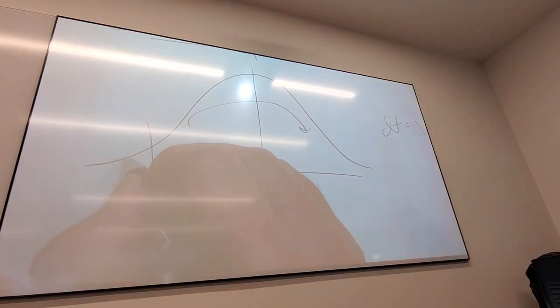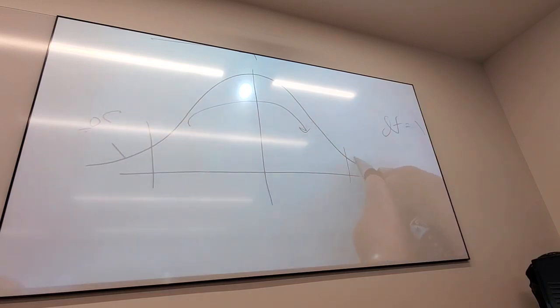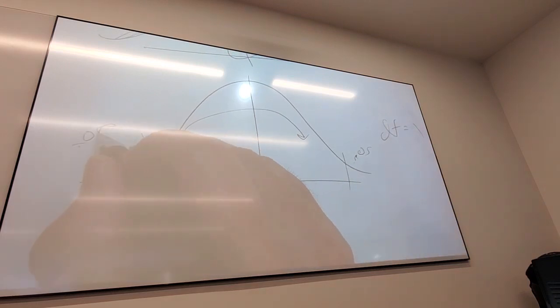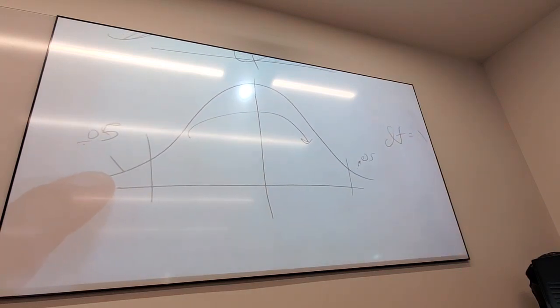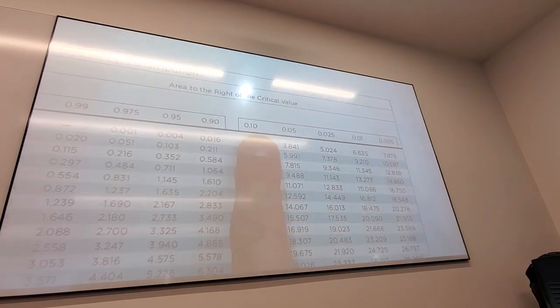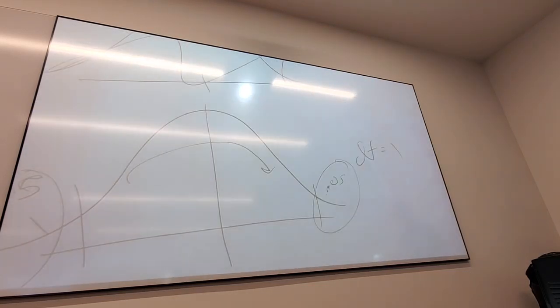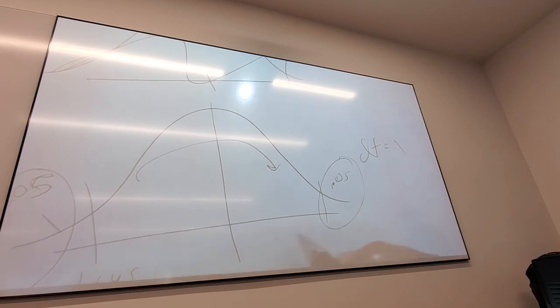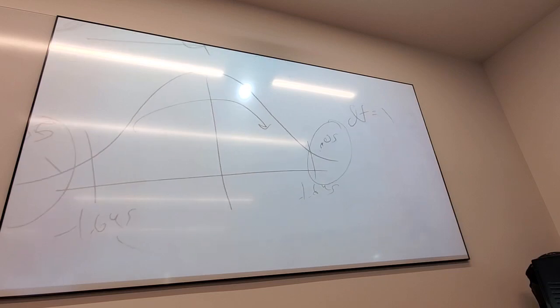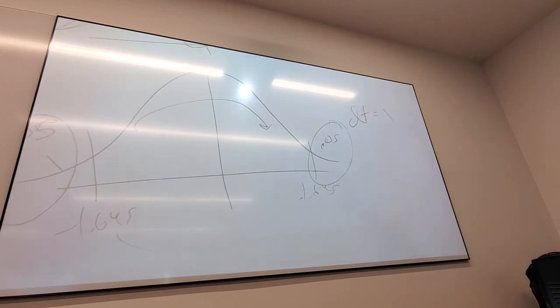If this is 5% and this is 5%, isn't that a 90% confidence interval, 1.645? If I fold this on itself, that 5% goes with that 5%, which makes it 10%. Then these z-scores end up multiplying by each other, so you square them. Things get exceptionally weirder as the degrees of freedom goes up.